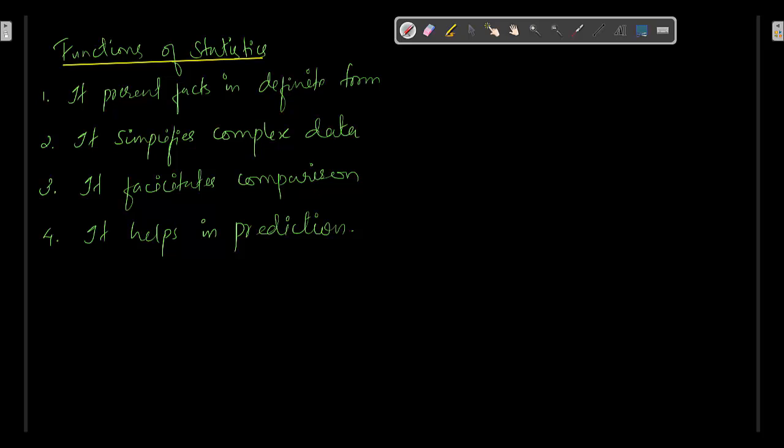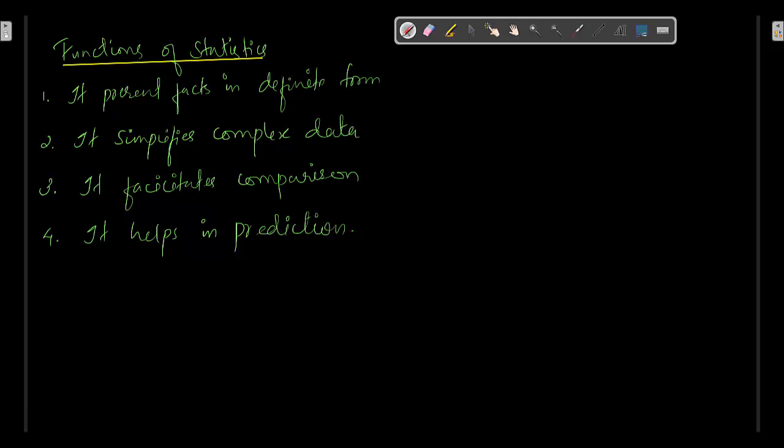The first function is it presents fact in definite form. We know that in statistics we collect data, and then we arrange and organize the data in a systematic manner, right? The statement of facts conveyed in exact quantitative terms is always more convincing than vague utterance. Statistics presents fact in precise and definite form and helps in achieving appropriate objectives.